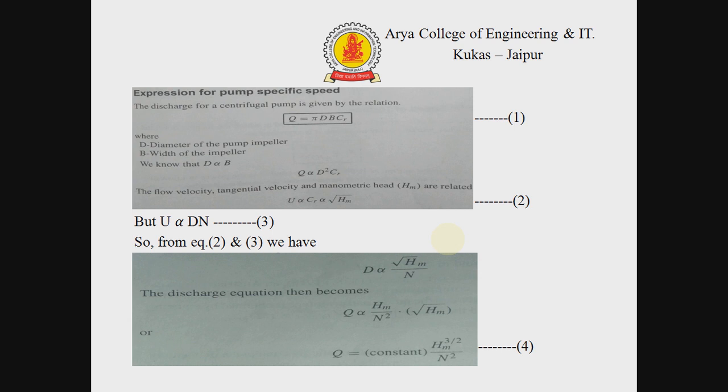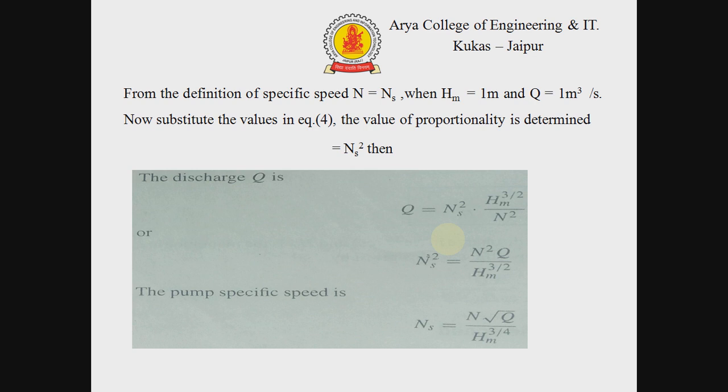The discharge equation then becomes Q is proportional to Hm by N² into √Hm, or Q = constant × Hm^(3/2) / N², as shown in equation 4. From the definition of specific speed, N = Ns when Hm = 1 meter, that means manometric head is 1 meter and discharge is 1 meter cube per second.